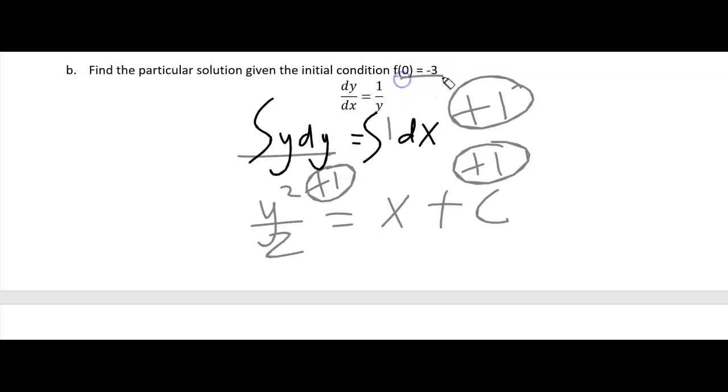So I'm going to plug in my initial condition. I'm going to plug in -3 for y. I don't like writing that. Let me change colors real quick. So I'm going to replace the y with -3.